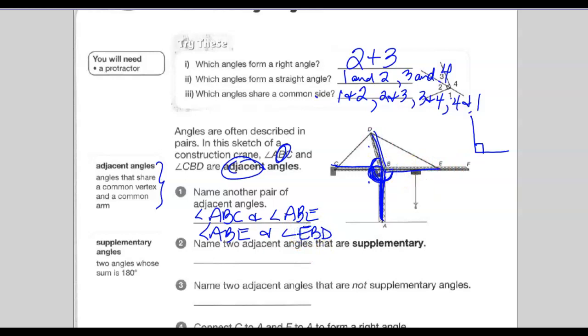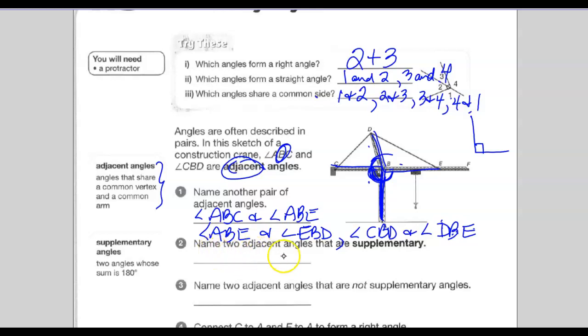And then we could also do the top ones. So we could go angle CBD and angle DBE. Now, it doesn't matter which order you put the first and last letter, but the middle letter is really important if you want the angle at that point.